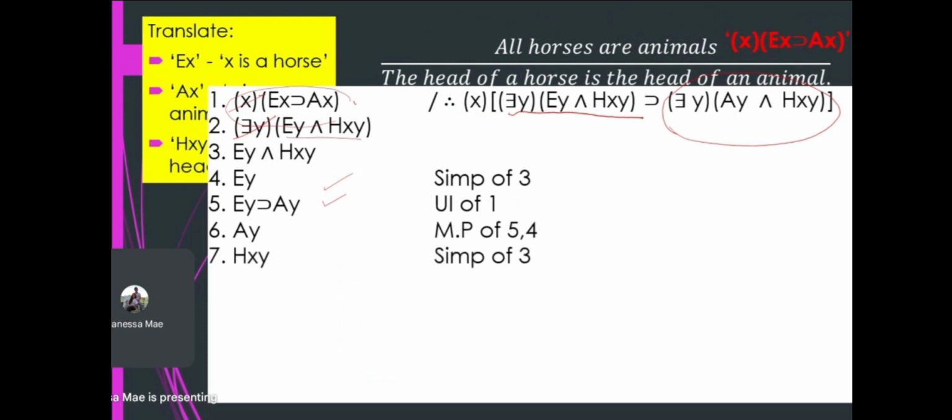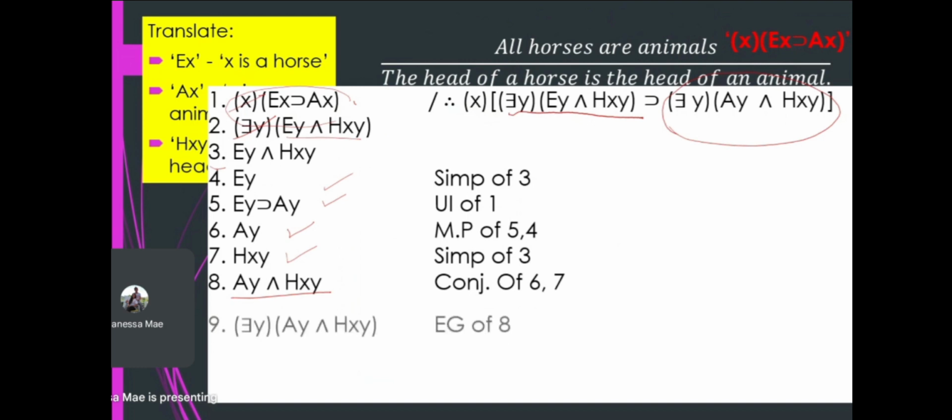For 7, why is it HXY? Because it comes from 3, by simplification. So we took HXY. Number 8, let's proceed. We can conjoin 6 and 7. That's why we have here AY and HXY.